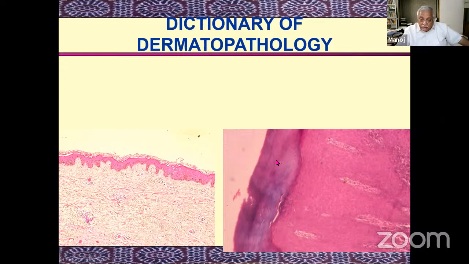And this, incidentally, could even be the normal keratin in the palms and the soles, or areas where there is pressure. So this could be normal, but if it is seen in a lesion, then this is known as hyperkeratosis, quite obviously, hyperkeratosis.